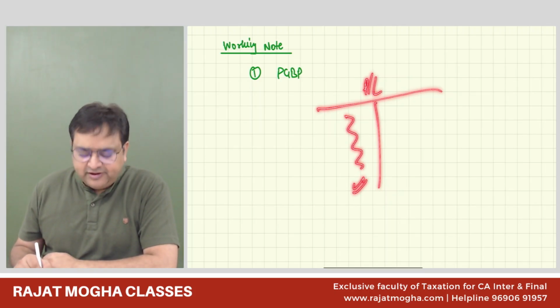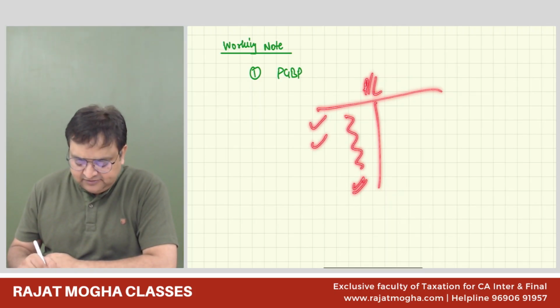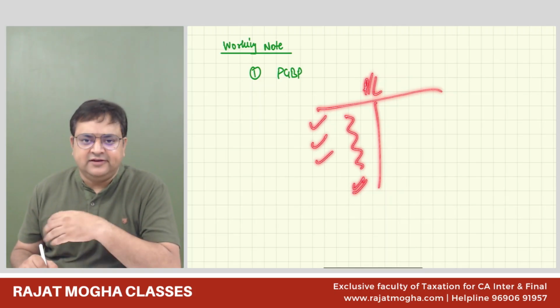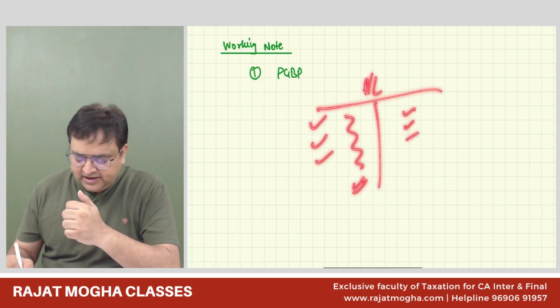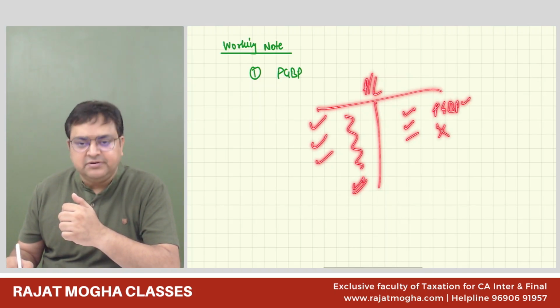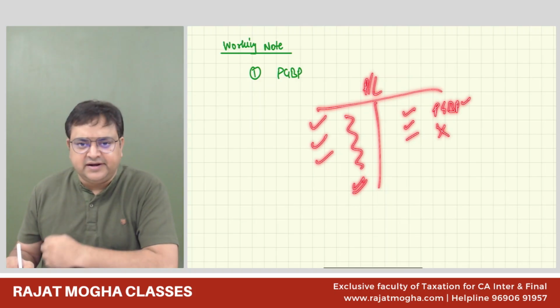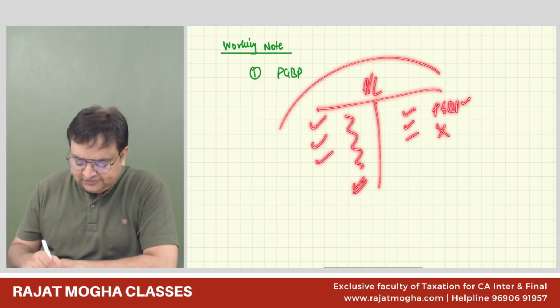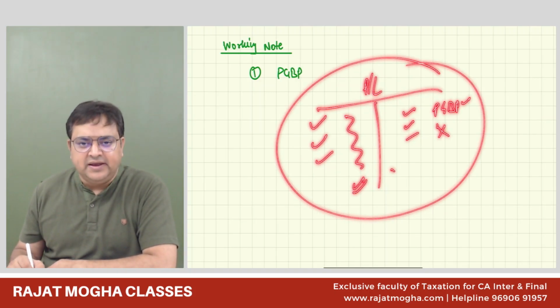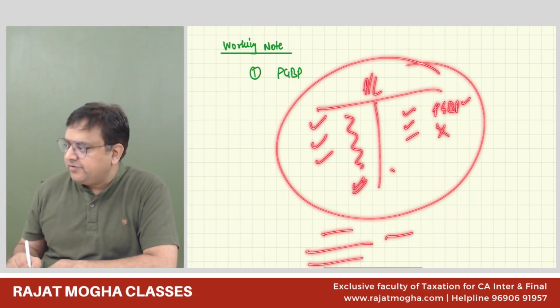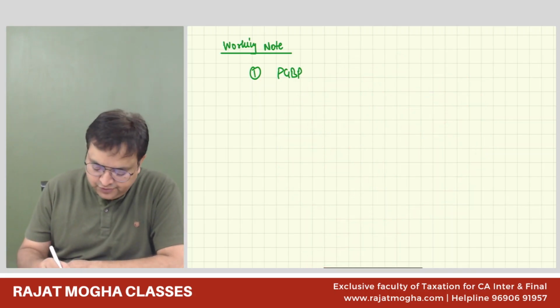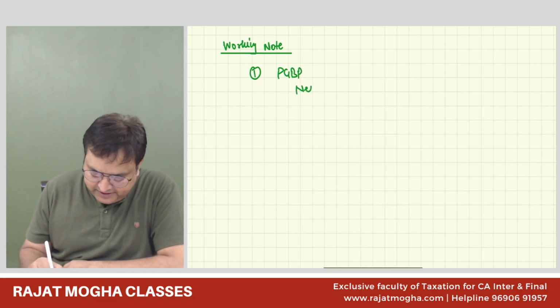Step 2, look at your expenses side. Any expense which is allowed, we are okay with it. Any expense which is not allowed, we will add it back. Then you will see your income side. Any income which is of PGBP, we are okay with it. Any income which is not of PGBP, we will disallow, we will subtract that. Correct. So the first 3 steps will take care of a P&L account or income and expenditure account. And the fourth step will look at your information. So net profit as per P&L account.